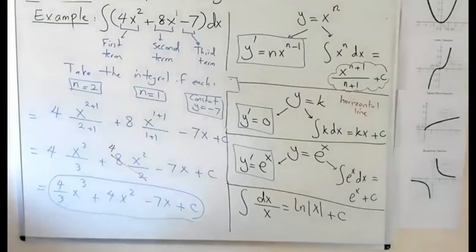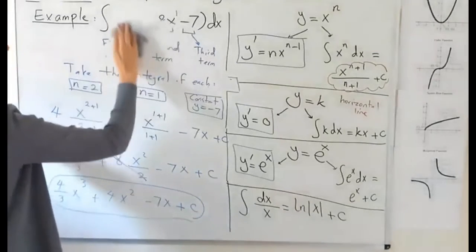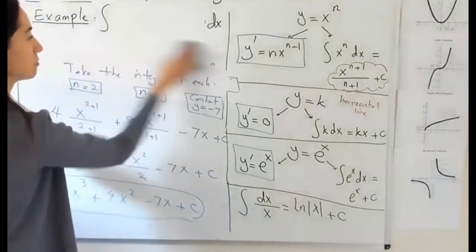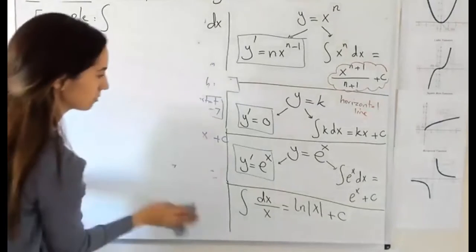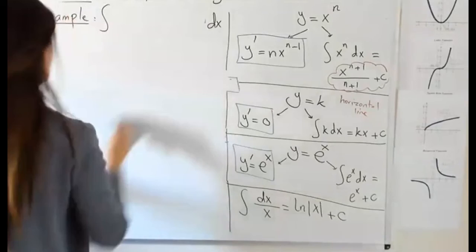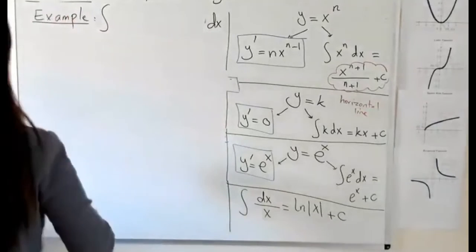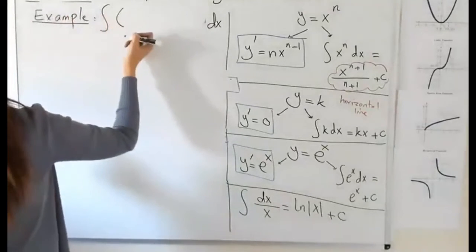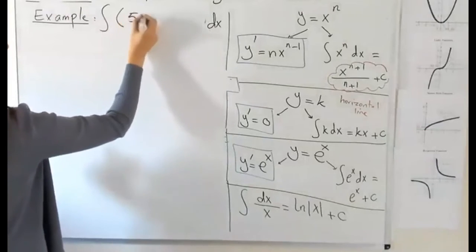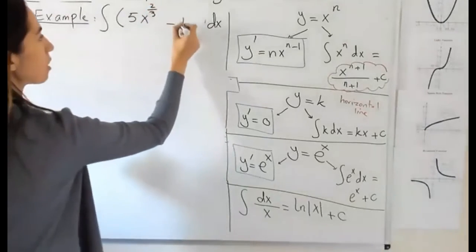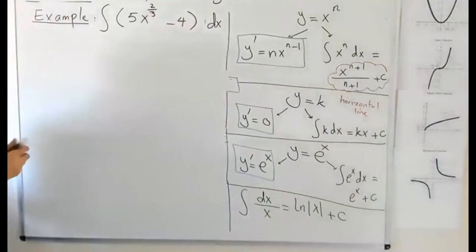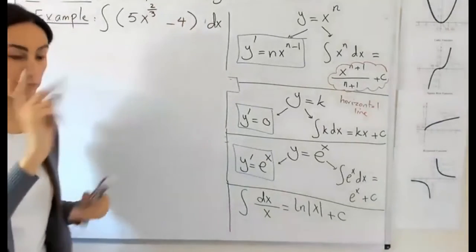Very well. Next example for you. So here we have the integral of 5x to 2 thirds minus the constant 4. How many terms do we have? We have 2 terms.